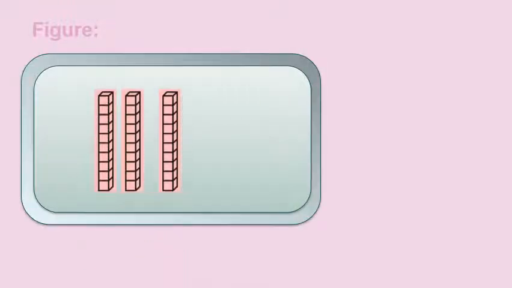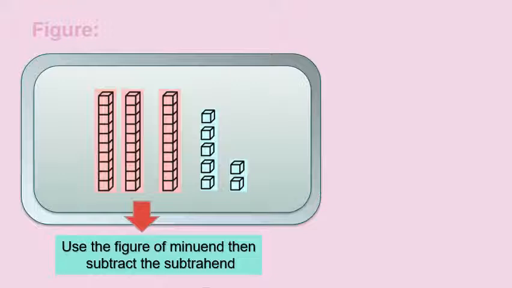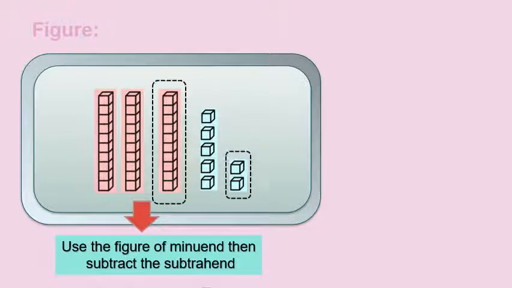We can answer this by using the figure. So first, use the figure of the minuend. We have 37 sweets. It's going to be 3 tens and 7 ones. Now, we're going to subtract the subtrahend, which is 12, meaning 1 ten and 2 ones.